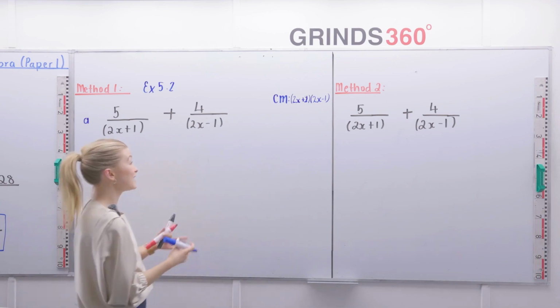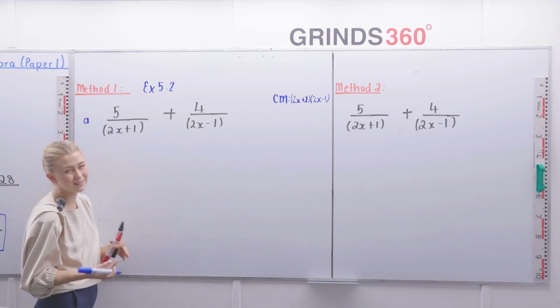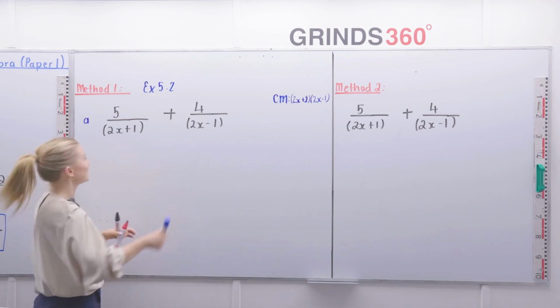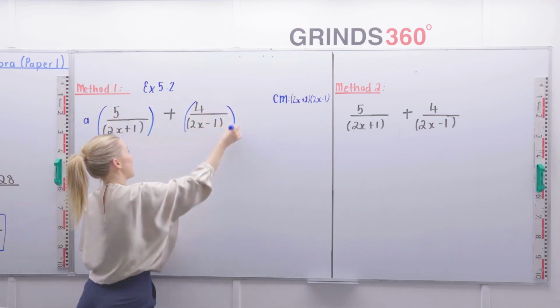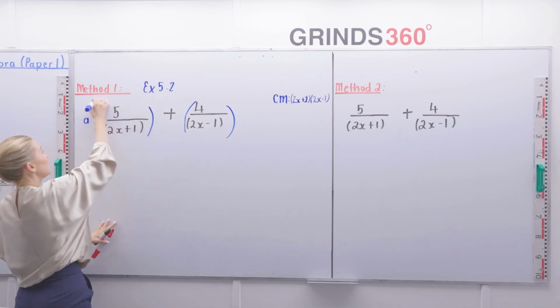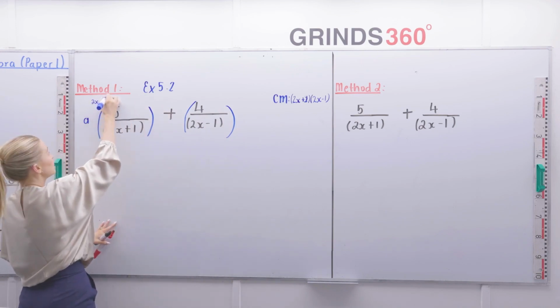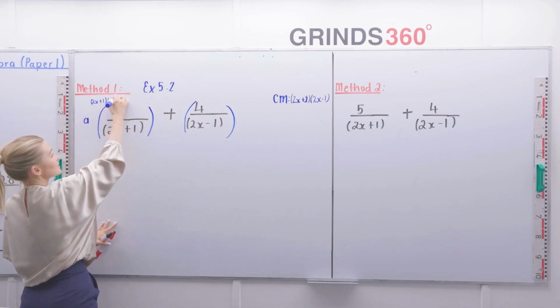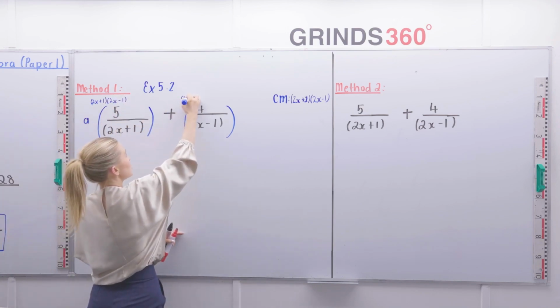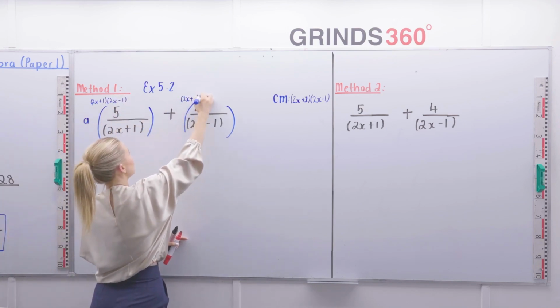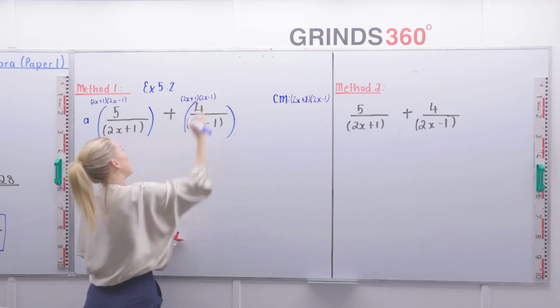So what I'm going to do is the same idea as before. It's a little bit more long-winded. I'm going to multiply both sides here by this common multiple, i.e. 2x plus 1 times 2x minus 1. Same on this side, 2x plus 1, 2x minus 1.